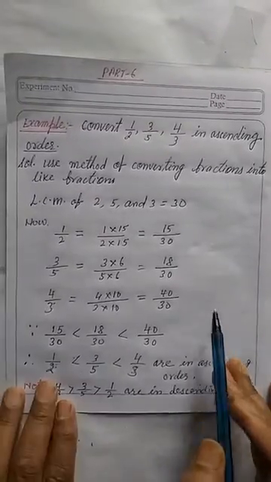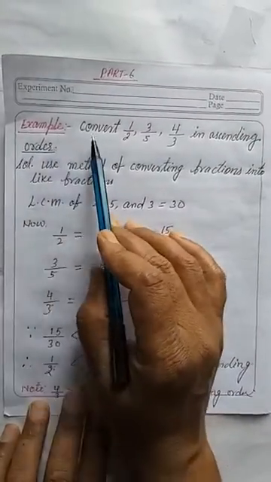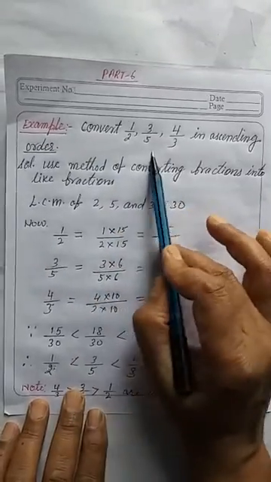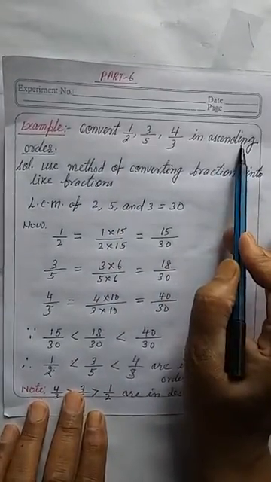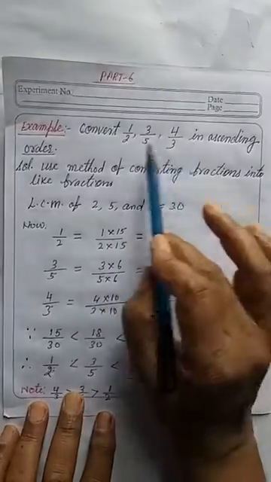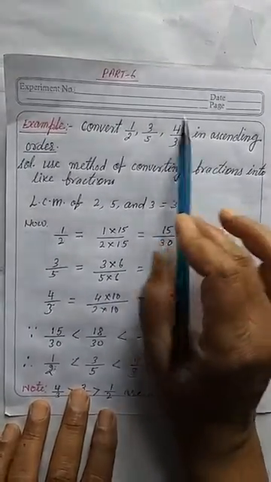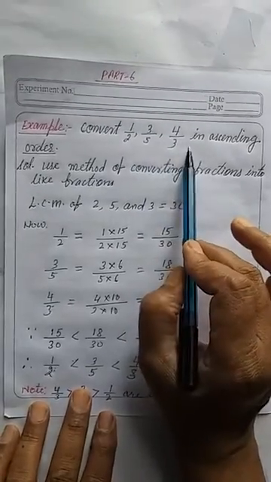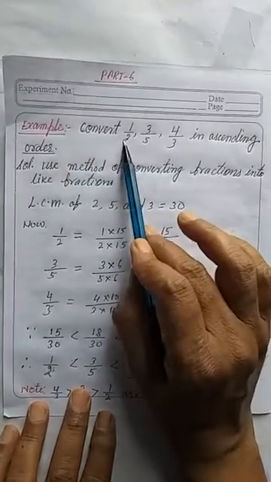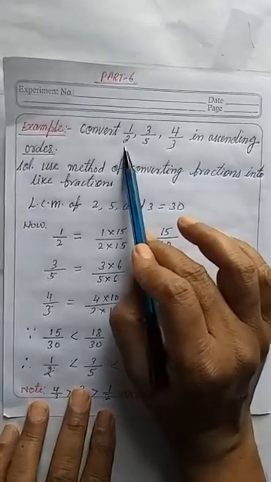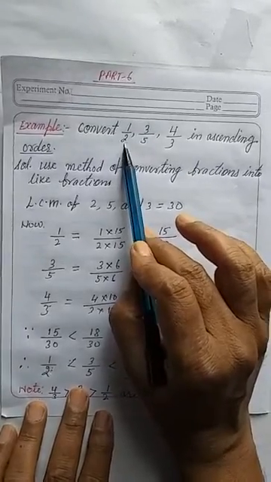Now see another example: arrange 1 by 2, 3 by 5, 4 by 3 in ascending order or descending order, it depends on the question. Now I am showing ascending order. Before this I want to ask you, is this an unlike or like fraction? Your answer will be unlike fraction.